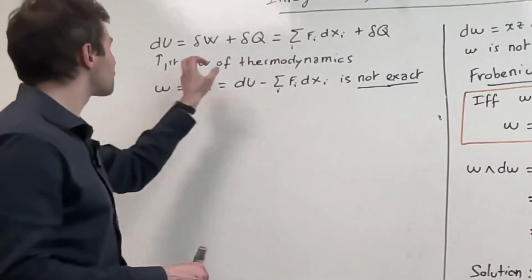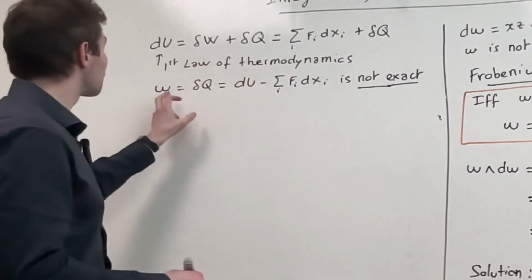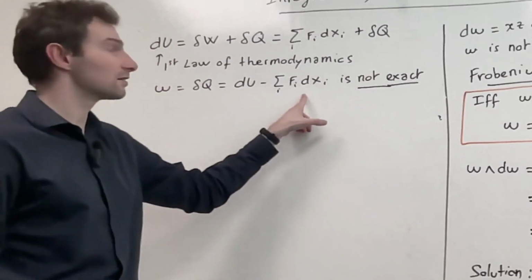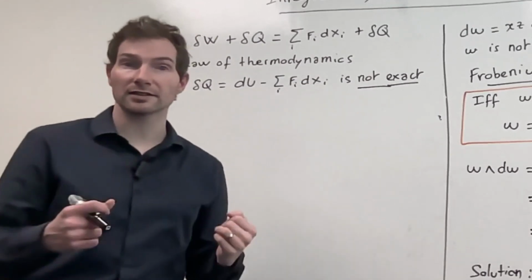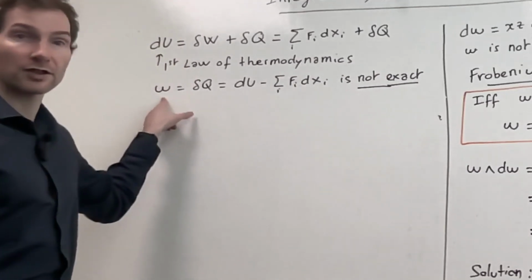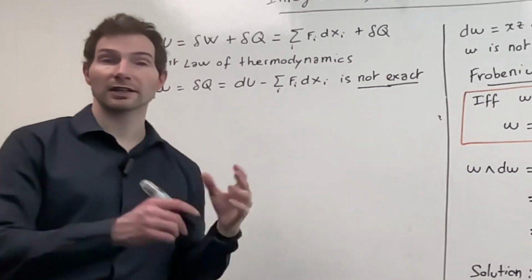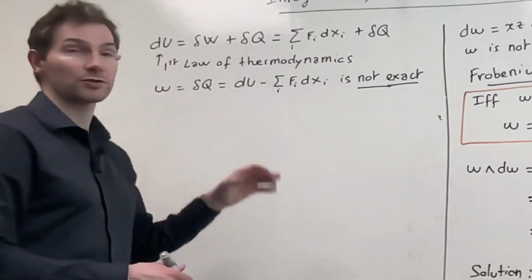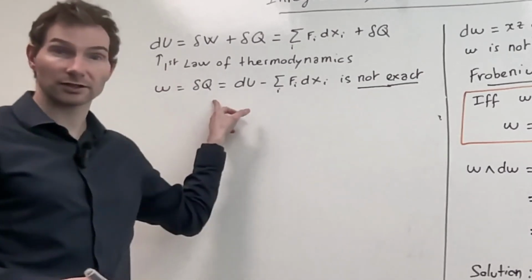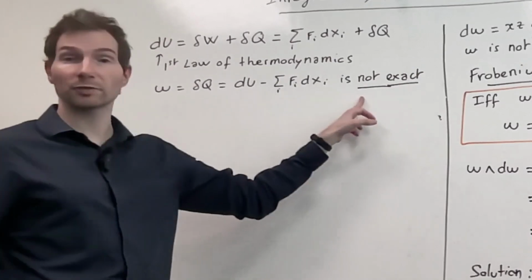Now, that's from the first law. What you can do is simply invert that to express δQ as being this. So δQ in that case is expressed as a one form. That's why I wrote omega. So omega is a one form, and as it turns out, what people observed experimentally is that this omega, this δQ, the heat, turns out to not be exact.